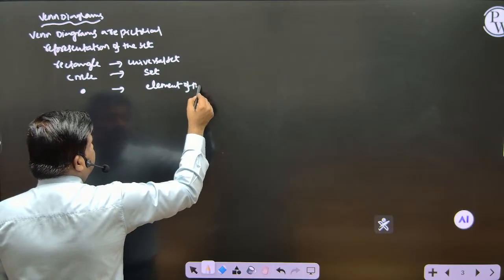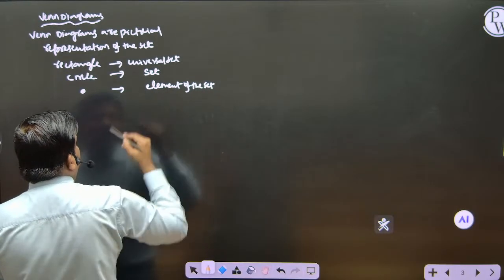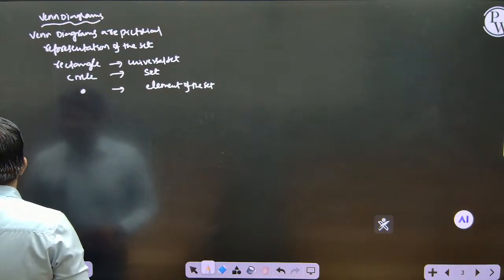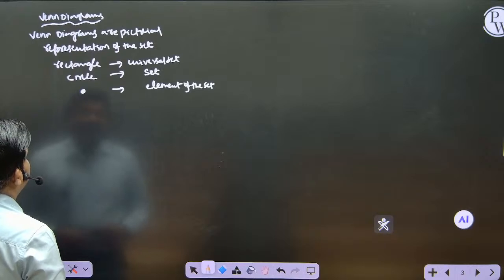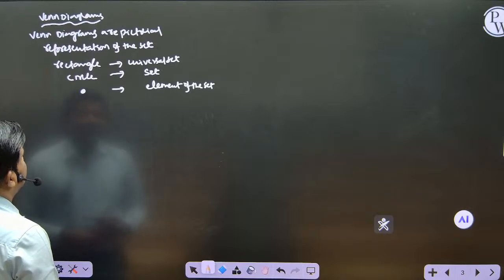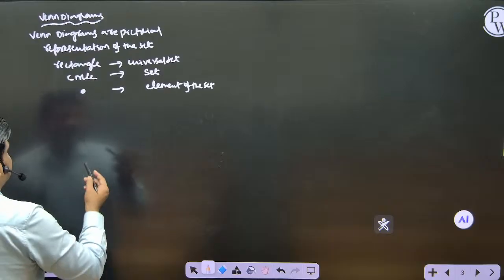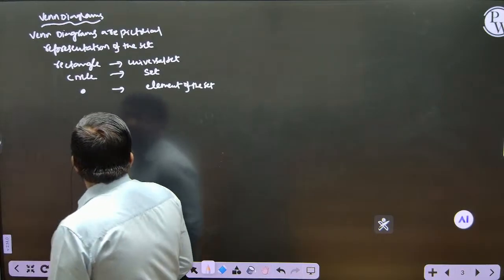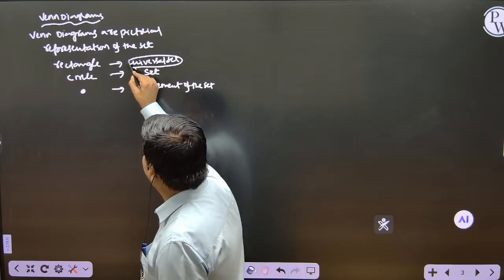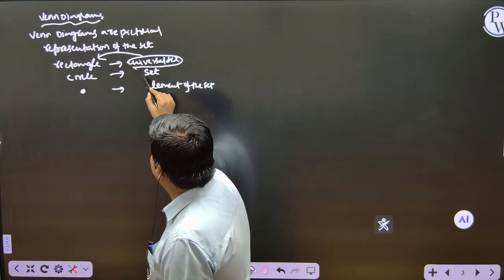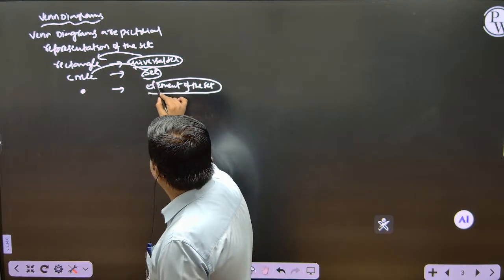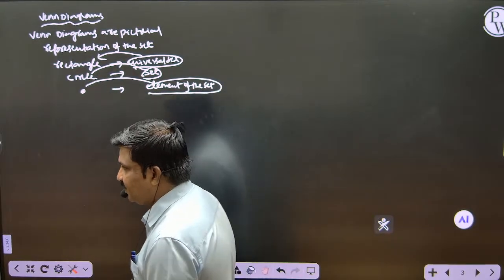So the universal set is represented by a rectangle, a set is denoted by a circle, and an element of the set is denoted by a dot.